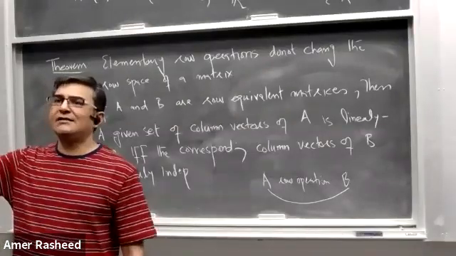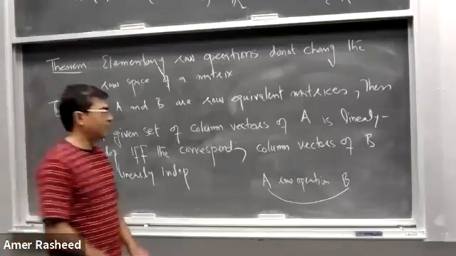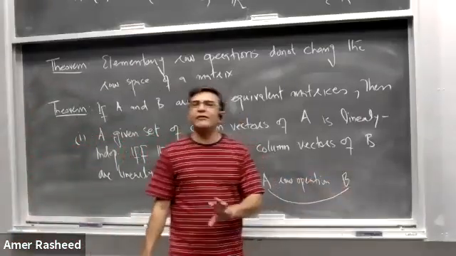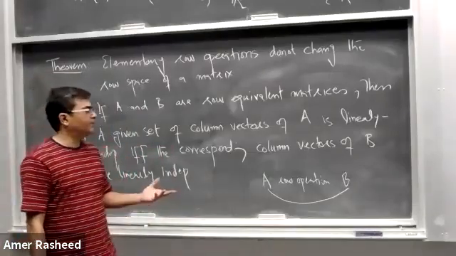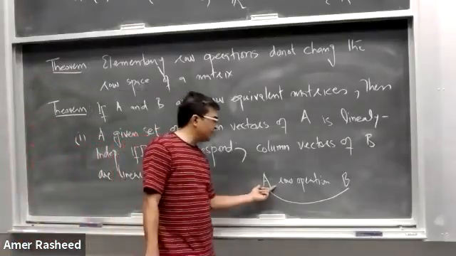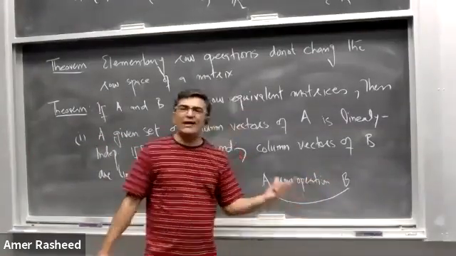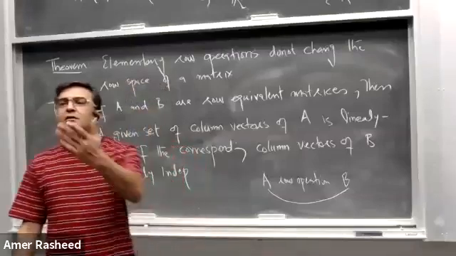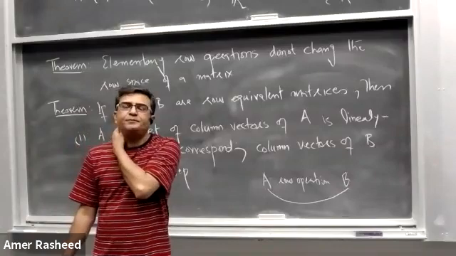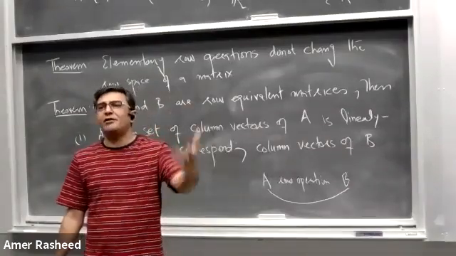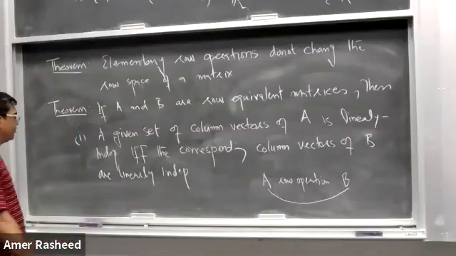I told you at the start of this course what equivalent matrices are. So two matrices are equivalent if they are row equivalent. It means if we apply any number of row operations on A and we obtain B, then they are row equivalent. And two linear systems are also row equivalent if we apply elementary row operations on the augmented matrix. I told you this thing.